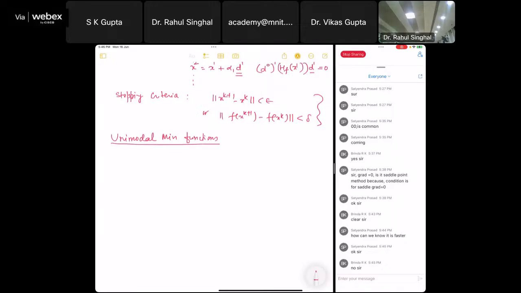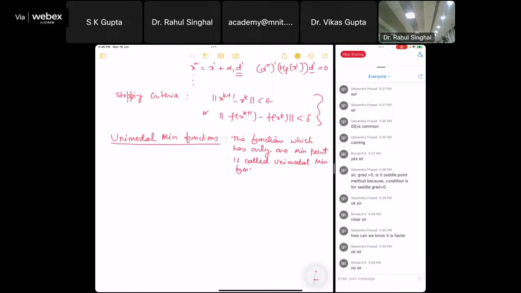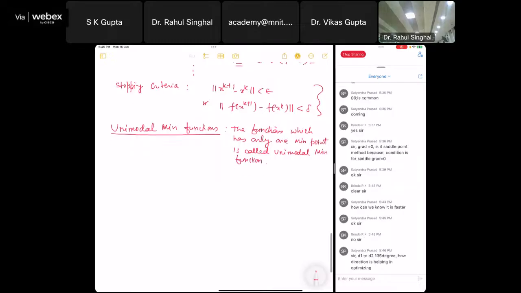These are functions which have only one peak, that is, only one minimum point. Such a function is called a unimodal min function. Similarly, we can go for a unimodal max function also.